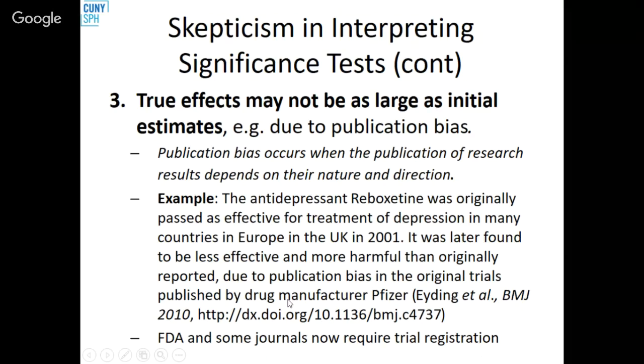But in subsequent attempts to replicate the study, it was found to be less effective and more harmful than originally reported. It was decided this was probably due to publication bias in the initial trials.